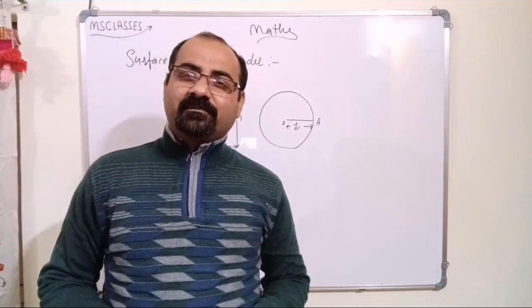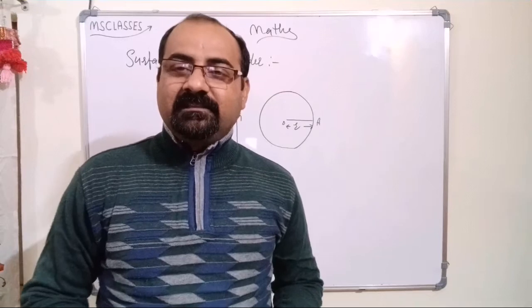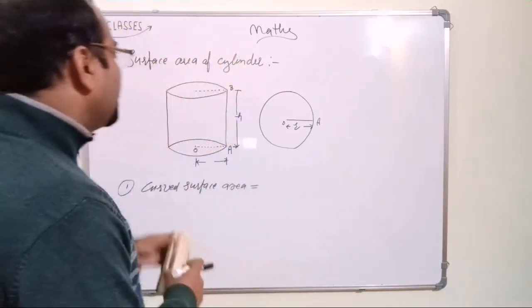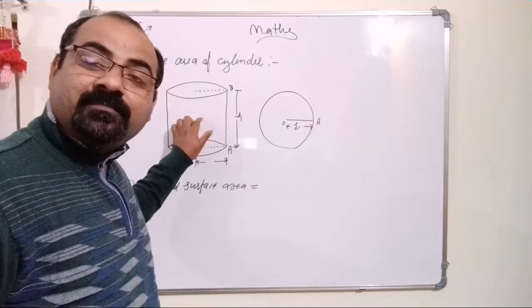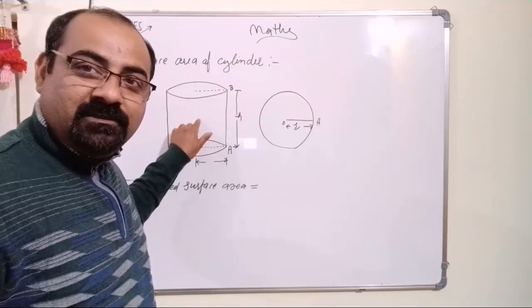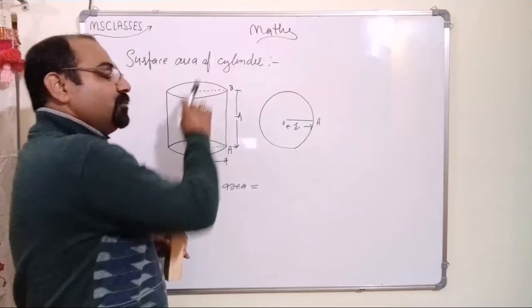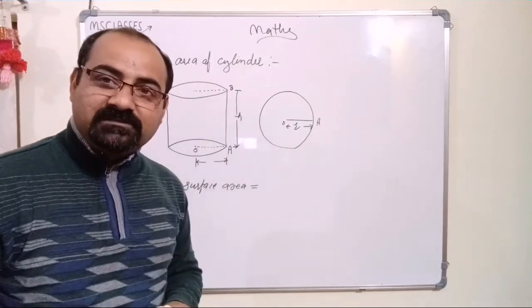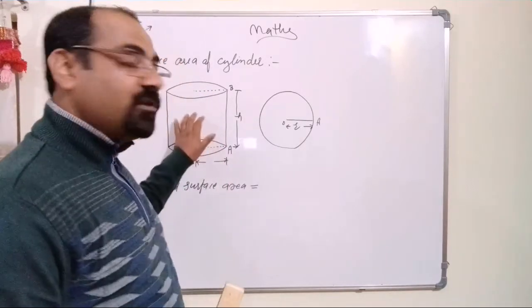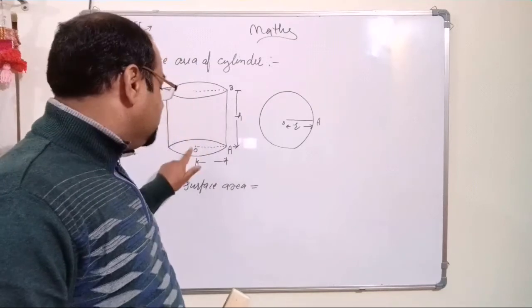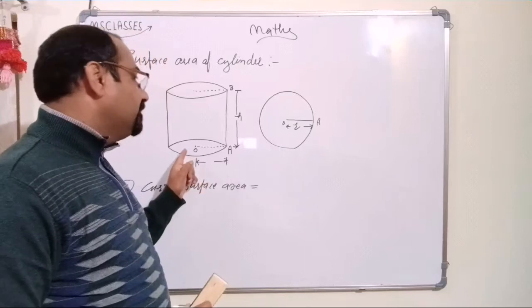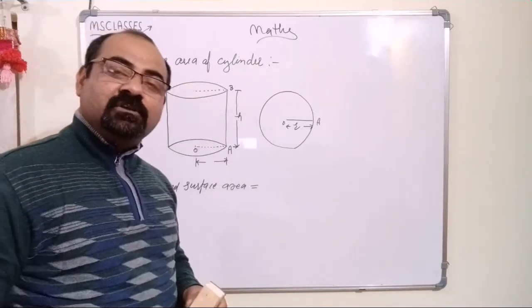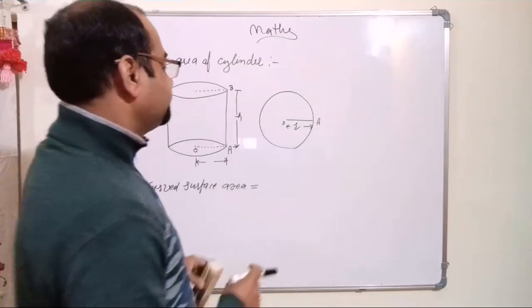What is curved? Curved means the area of the outer part of the cylinder, excluding both bases. Excluding means we will not add the area of both edges. So this is the curved surface area.